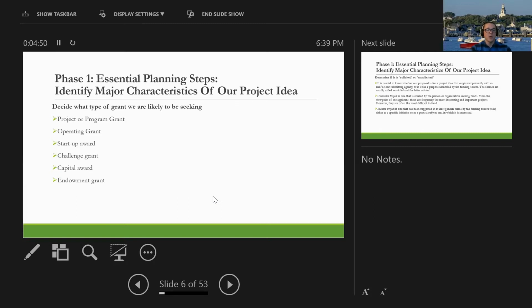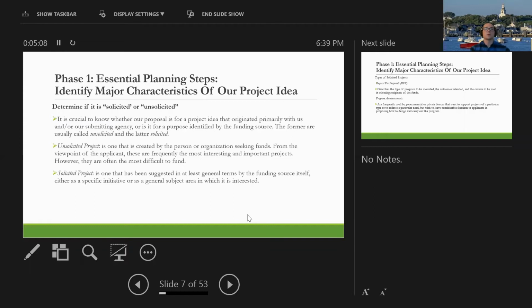And so anytime you come across these specific terms, don't get overwhelmed. Google and the internet will take care of you. And we'll talk about some resources that you can utilize whenever researching grants and funding sources.